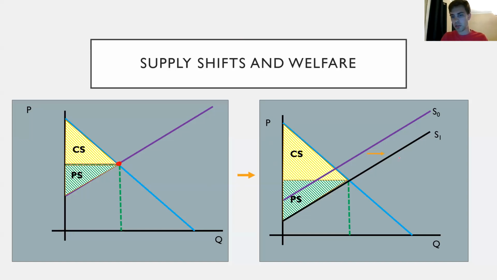And then on the right, I show that we are shifting our supply curve to the right, increasing our supply. And visually, it looks like our consumer surplus has increased and our producer surplus has increased. But of course, if you had actual specific numbers for these things, you could directly compare consumer surplus before and after the increase in supply.